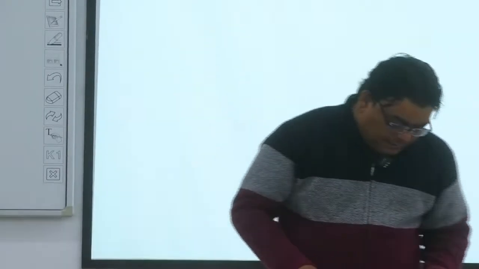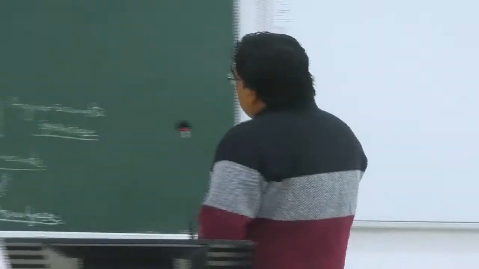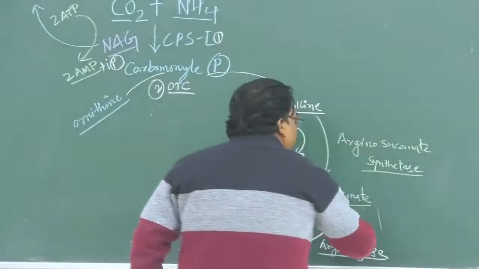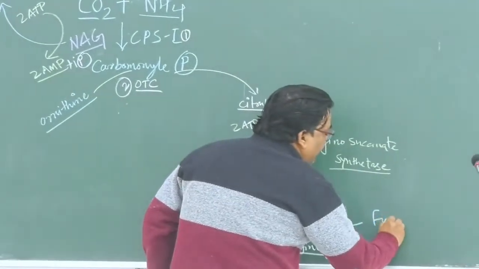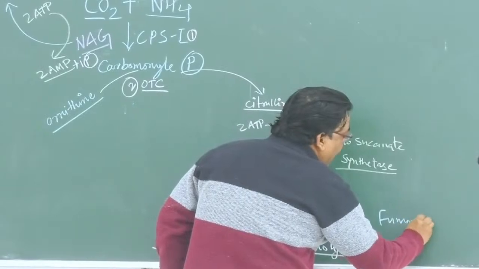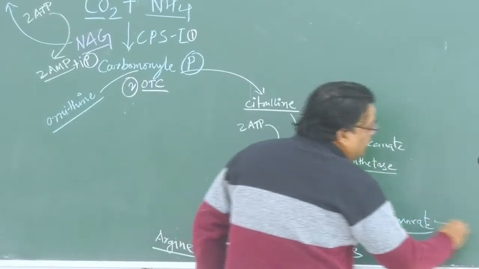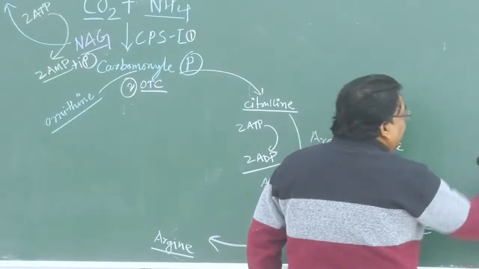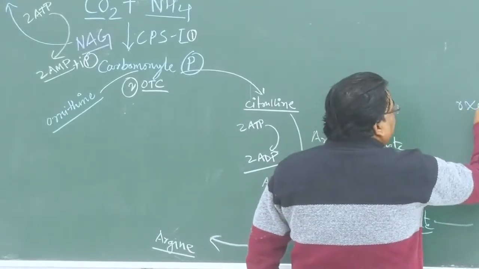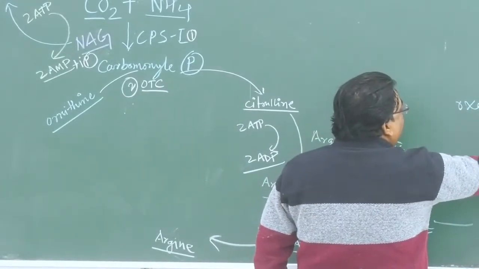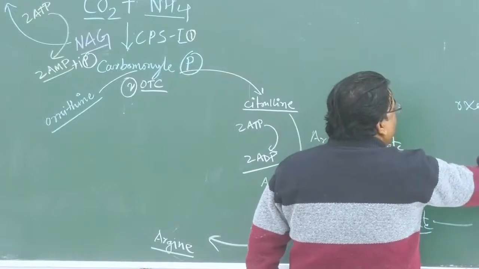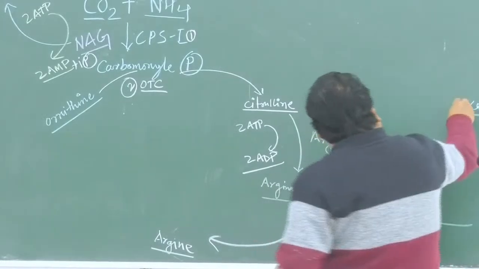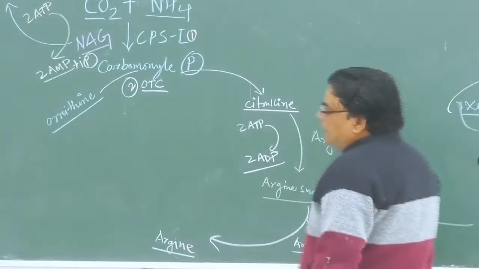Can anyone tell? Fumarate. There is removal of fumarate, and this fumarate is converted into malate, and this malate is converted into oxaloacetate, and now this can participate in the TCA cycle.